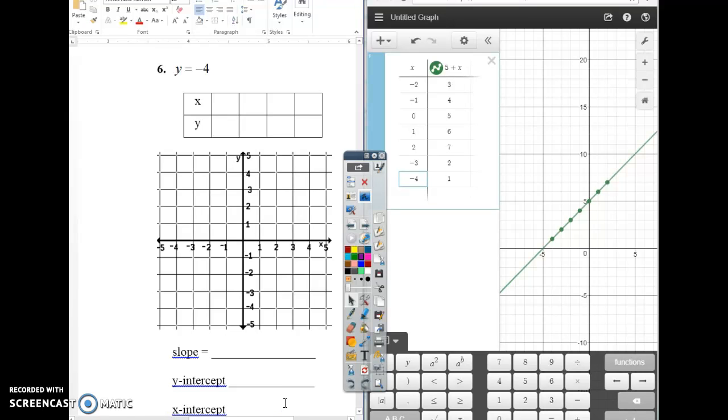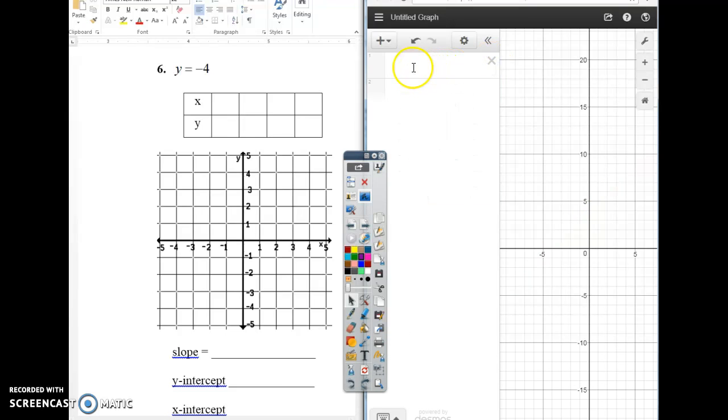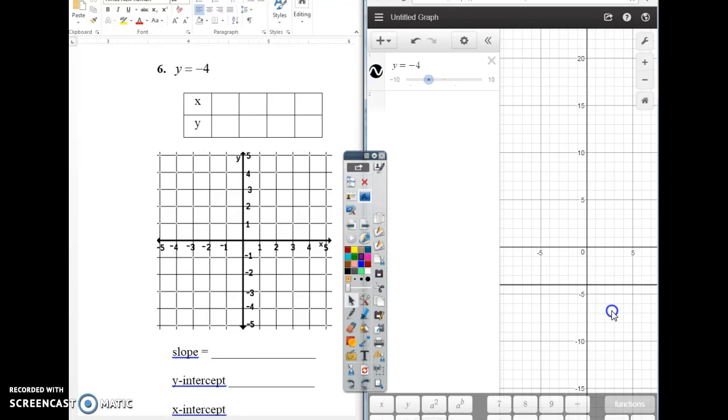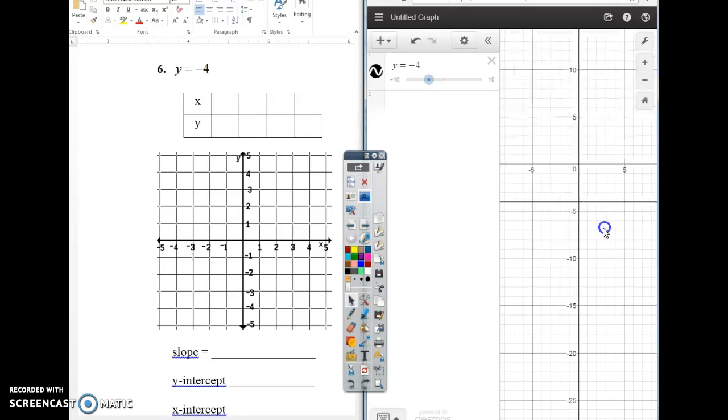Let's go to the next one, which is problem 6. Let's type it. Exit the one that you had already, and let's type the new one, which is y equals -4. And this is what we have. A flat line. Let me change the color.